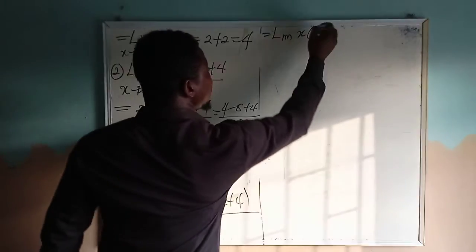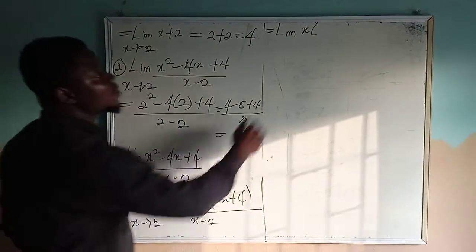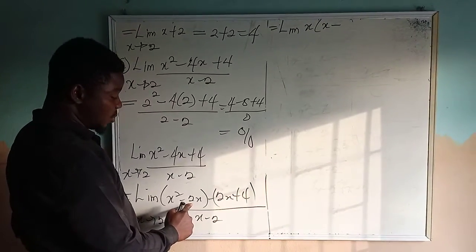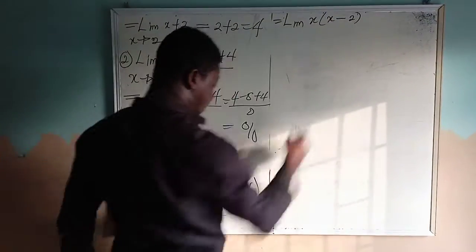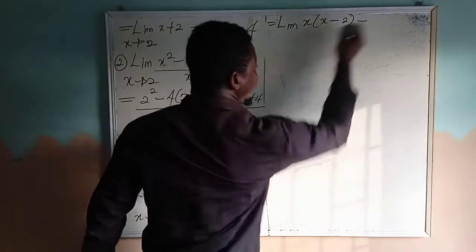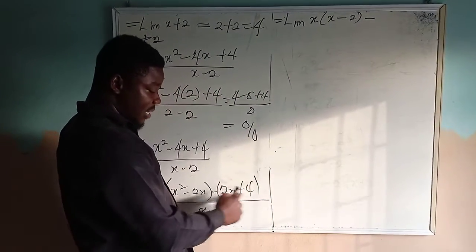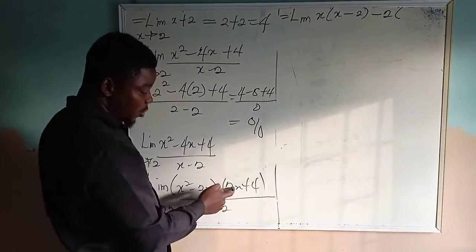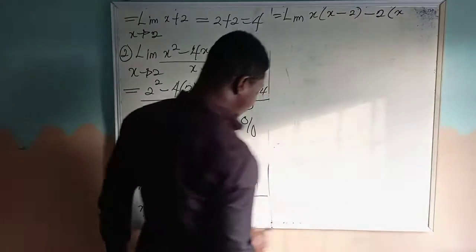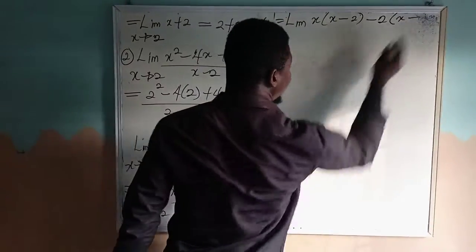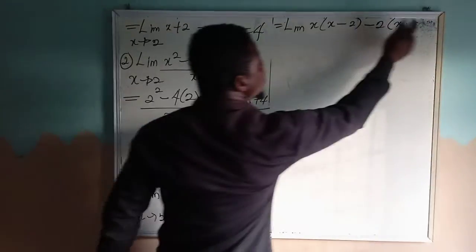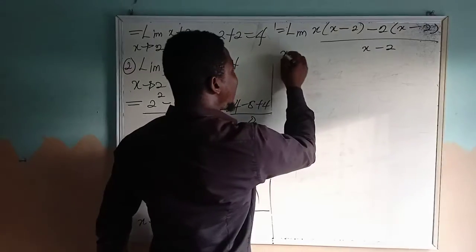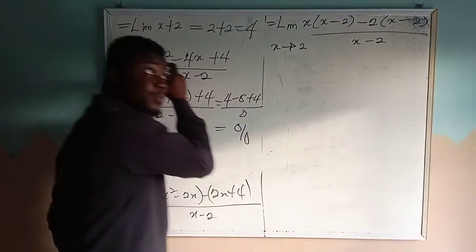You bring it out, open brackets: x into x^2, you have x; x into 2x, you have 2 left, and then the negative comes in. Here also there is a common factor, which is 2: 2 into 2x, you have x, plus divided by minus gives minus, and 4 divided by 2, you have 2. Then all over x - 2 as x approaches 2.